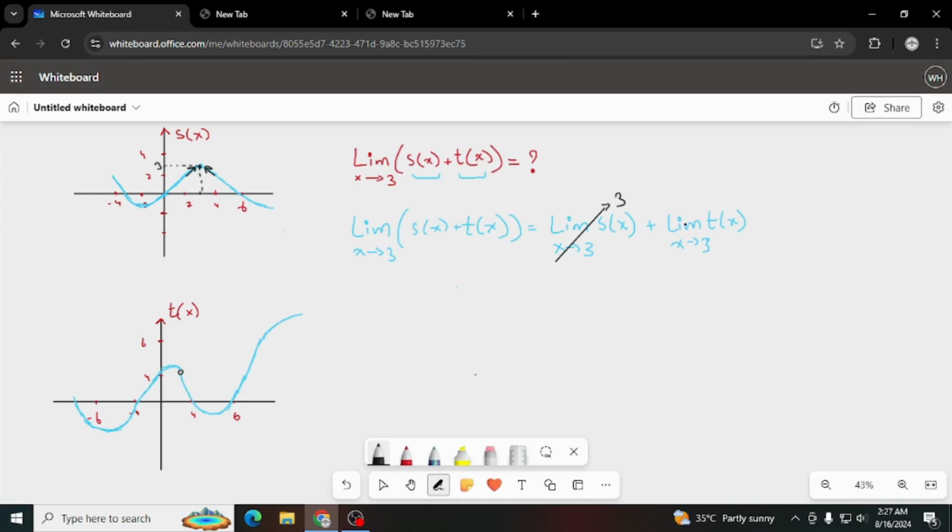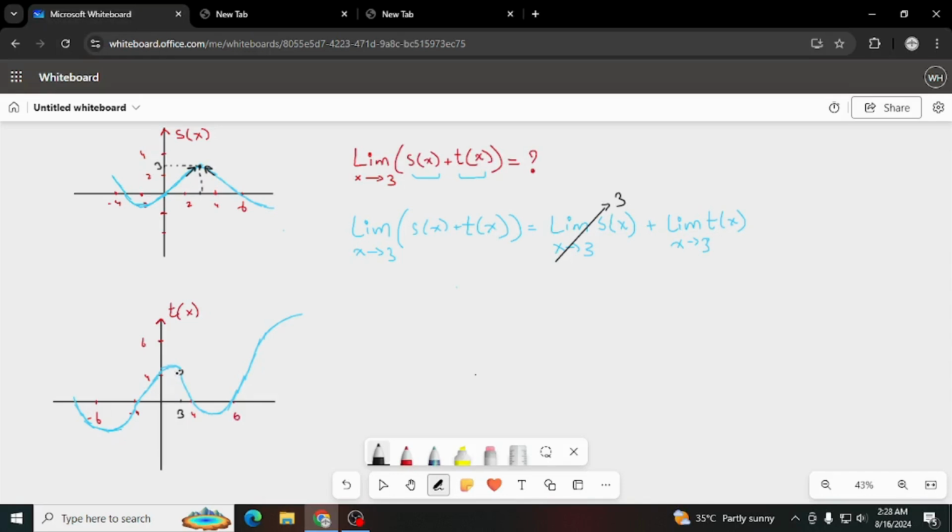And now what is the limit of t of x as x approaches 3? I encourage you to pause the video and analyze this graph of y equals t of x and see what it is approaching. As x approaches 3, we're getting closer and closer to 3. There's 1, 2, and then 3 right at this point. This is x equals 3, and we see that this function is not continuous at this point and is undefined here.